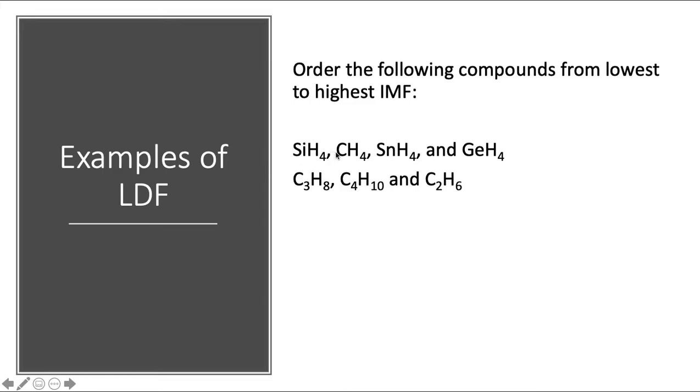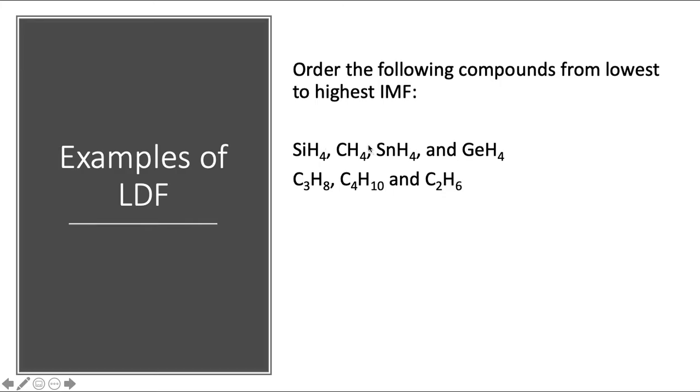If you look at all these four first elements, you'll see that they are in the same group in the periodic table. And because they are in the same group, you know that as you go down a group in the periodic table, the atom size increases.